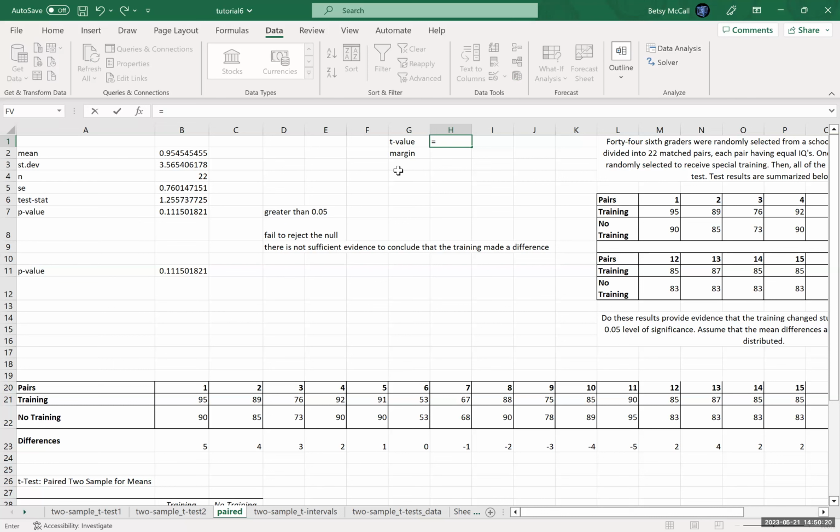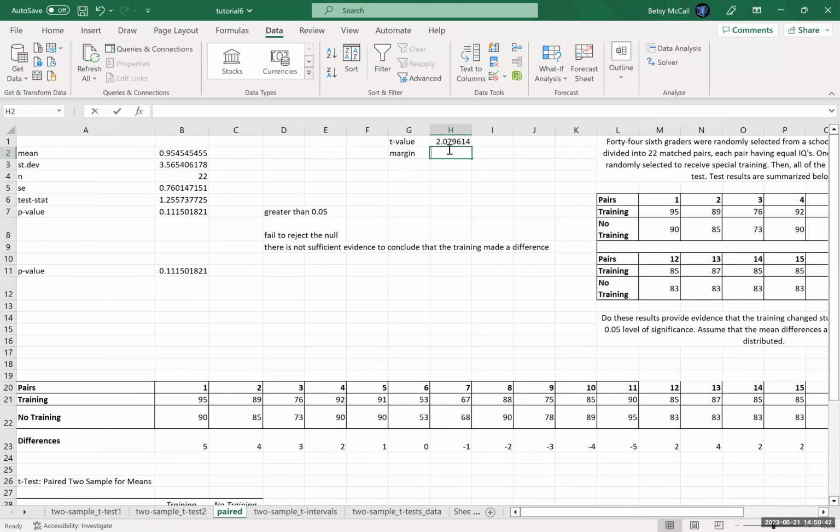And that is going to be, we'll just do the 95% confidence interval. We'll use the T.INV.2T. We're leaving 5% out in the tails if we're leaving 95% confidence in the middle. And then the degrees of freedom is n minus 1.